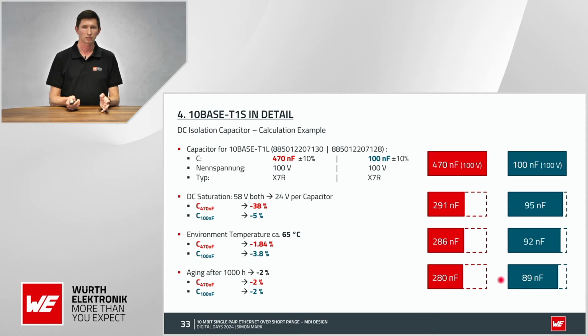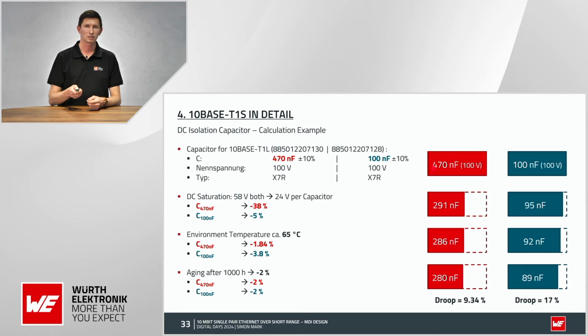So it is still okay, because now if you calculate and look at the droop, we have for the 470 nanofarad 9.34%. And for the 100 nanofarad, we have 70%. So in this case, you can use the 100 nanofarad capacitor only for 10BASE-T1S because you are still in the range.